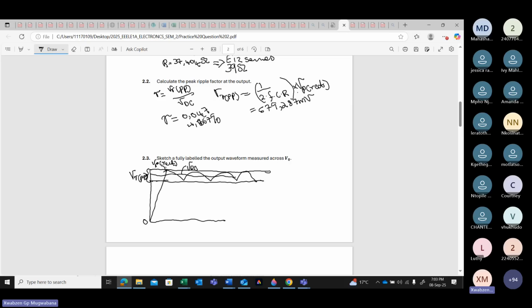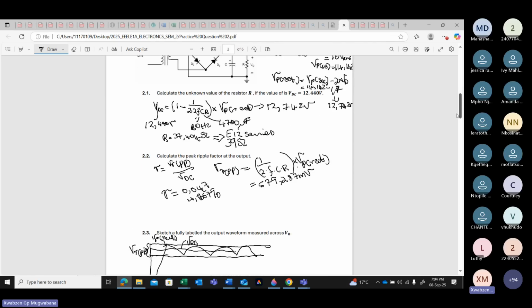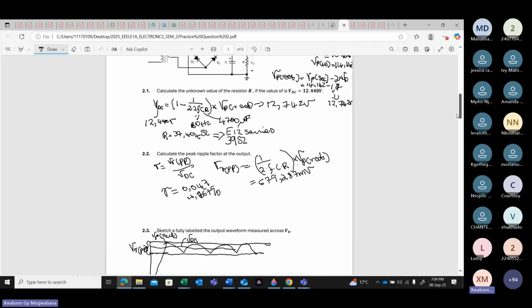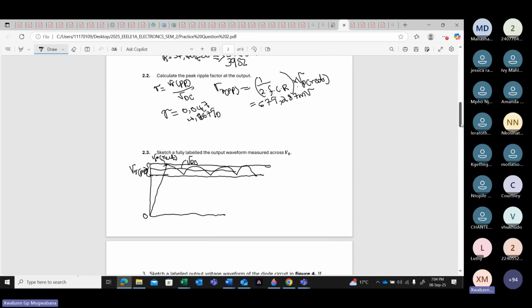When I see the VDC here, it must be correct. When I see the rectifier peak there, it must be correct. Please, let's not cheat the system. Any question on those two examples that I did of your filter?